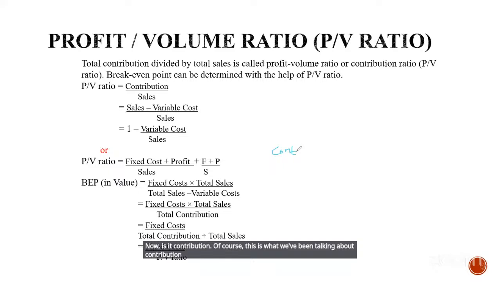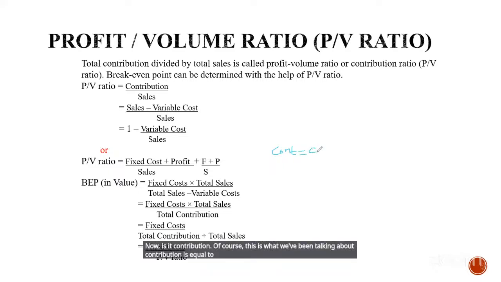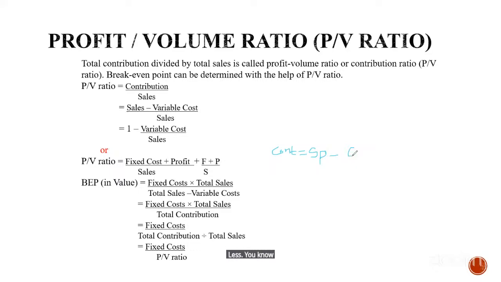Contribution is equal to your selling price, SP stands for selling price, less your variable cost, equals contribution. Now, fixed cost multiplied by total sales, divided by contribution, is our break-even point in value.